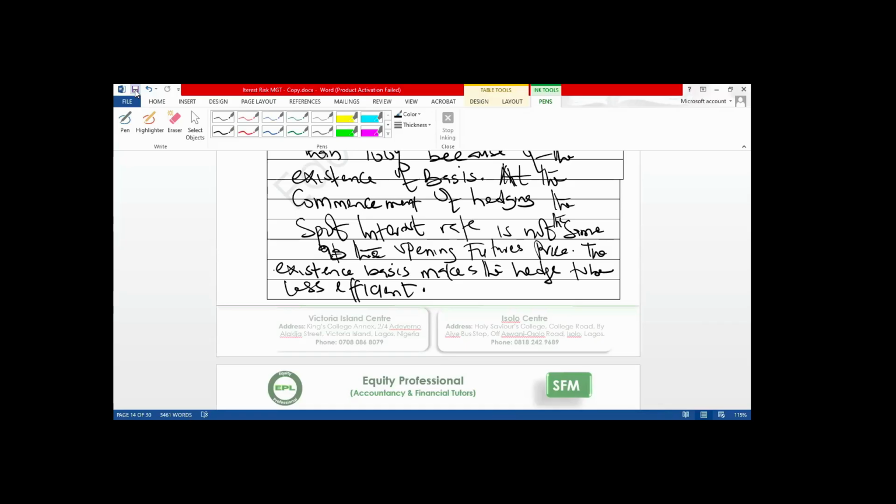Just like your compulsory question, it's usually between investments, business valuation, merger and acquisition, or cost of capital. All these four topics will be mixed together in your number one question.